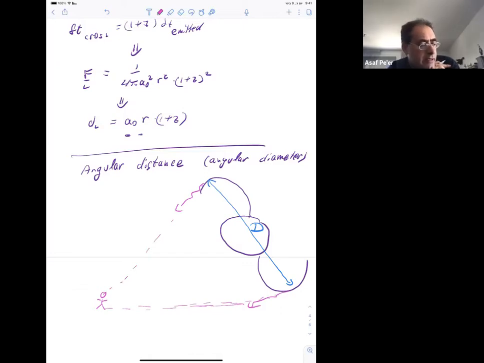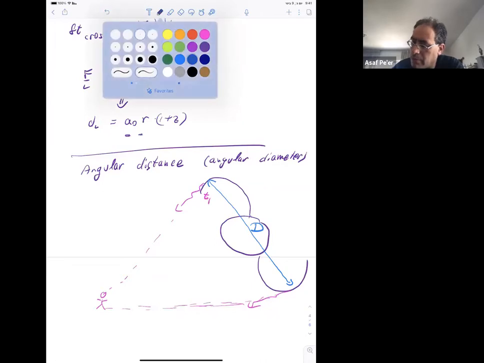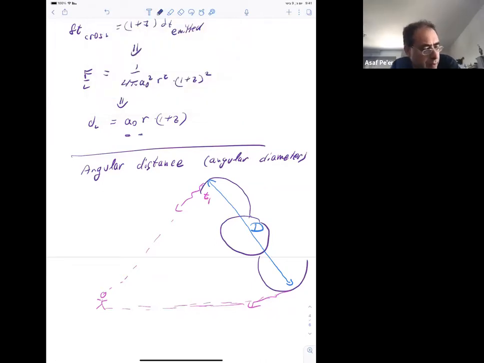Now, both photons were emitted at the co-moving time T1. This is the co-moving time that the photons were emitted. They are observed at time T0, of course.